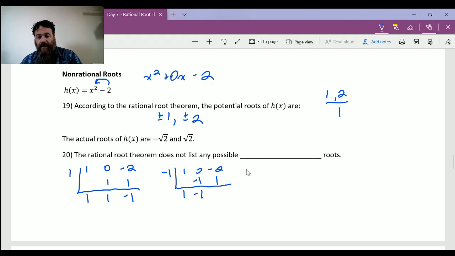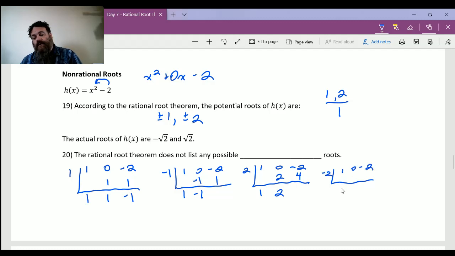We can try +2 if we want to. That didn't work. And we can do -2. Bring down the 1, -2, -2, +4. So in all of those cases, none of them end up working.